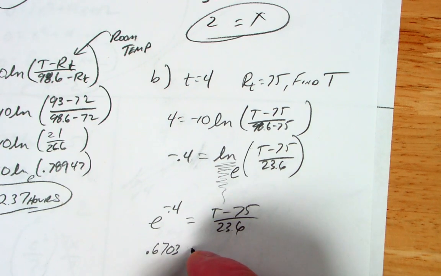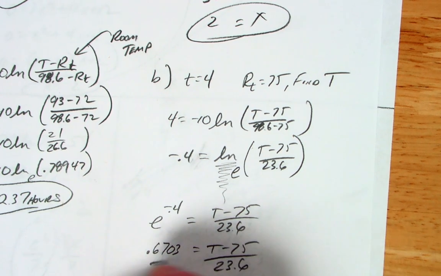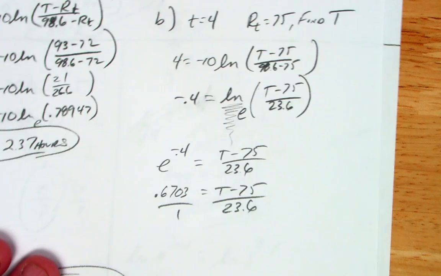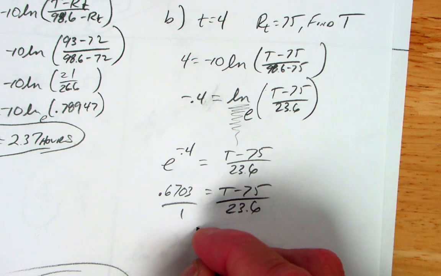Okay? And I'm assuming you guys could solve that from there in your sleep, basically? T minus 75 equals... we can solve that in our sleep, right, guys? 90.82.